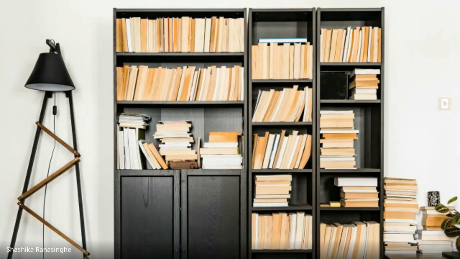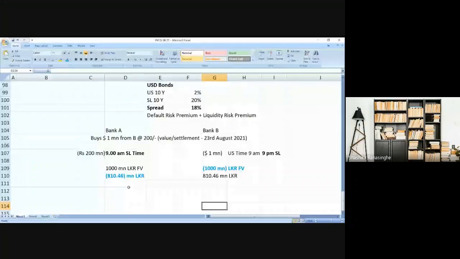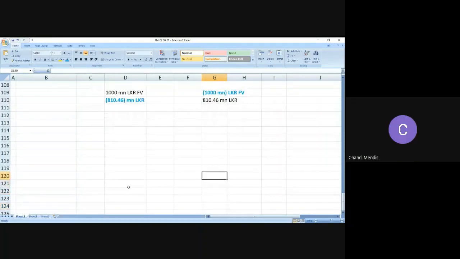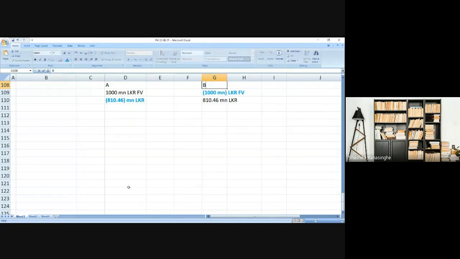Understood? I didn't understand that. Which one? This one, the bond transaction. Yes, this settlement. Okay, so this is A and B once again.